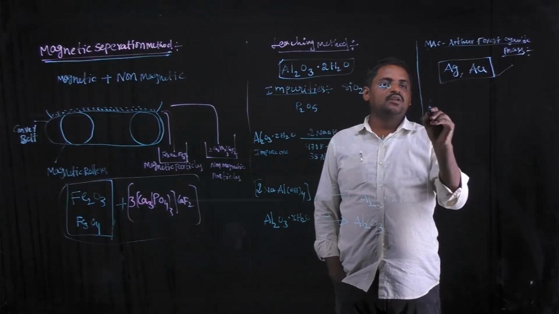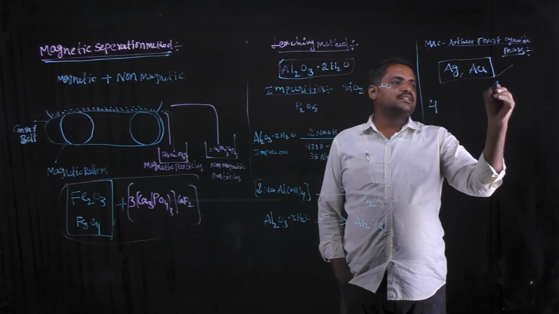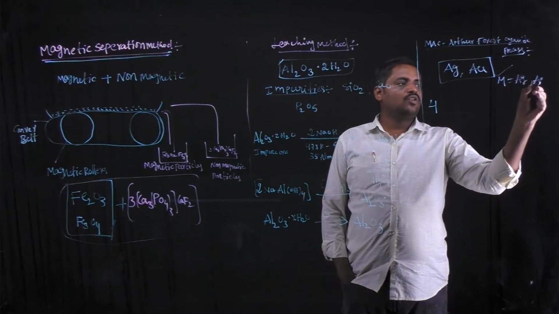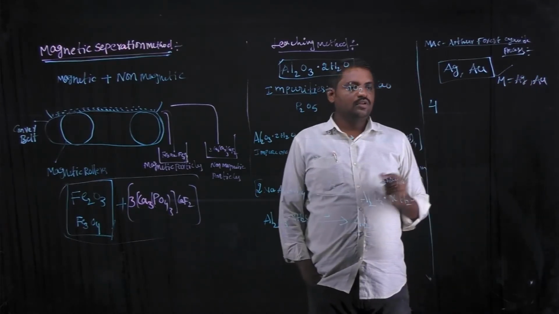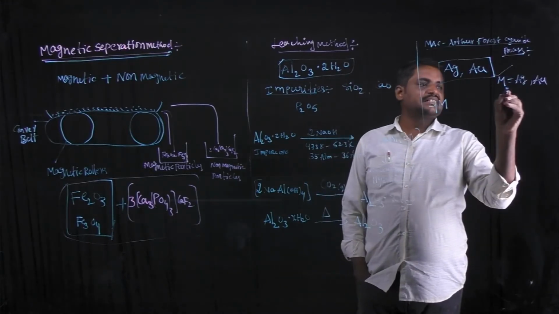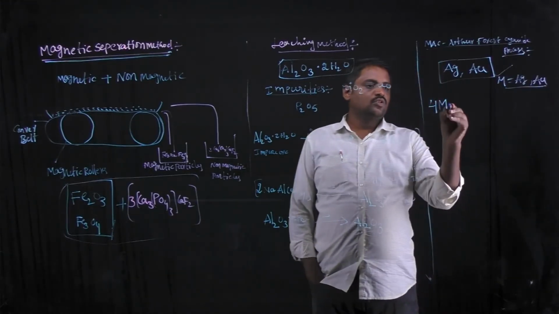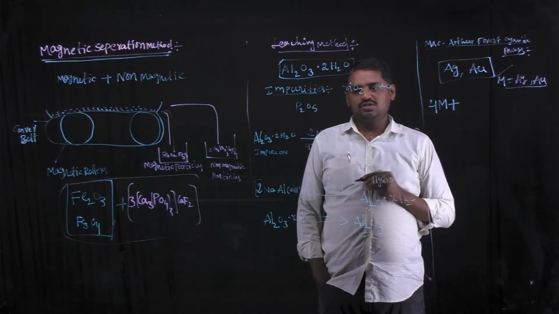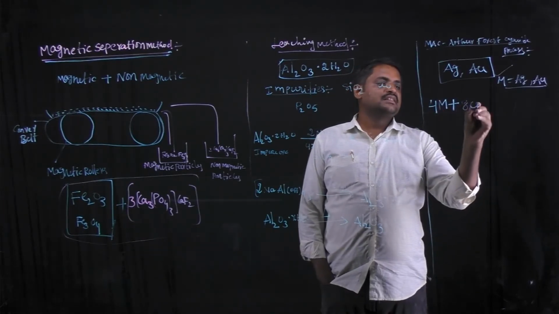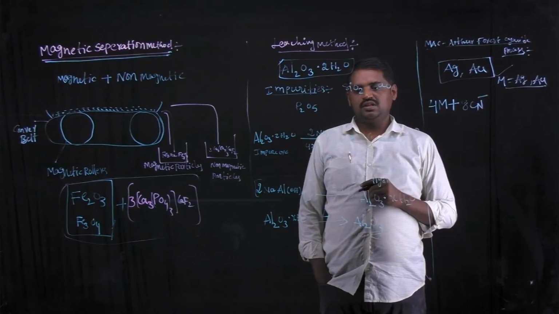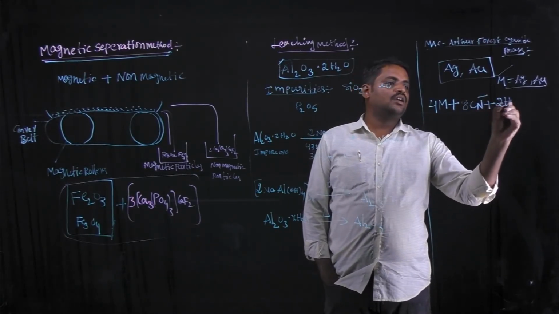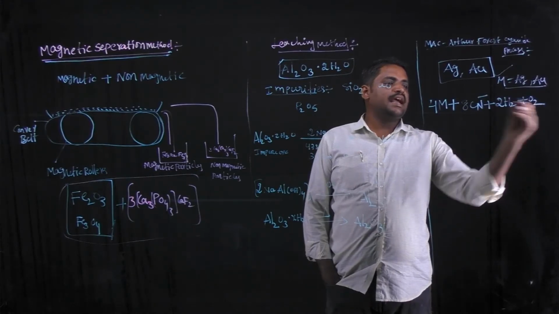For example, M is indicated as silver or gold. So the silver or gold related ore reacts with cyanide ions in the presence of water and oxygen gas.